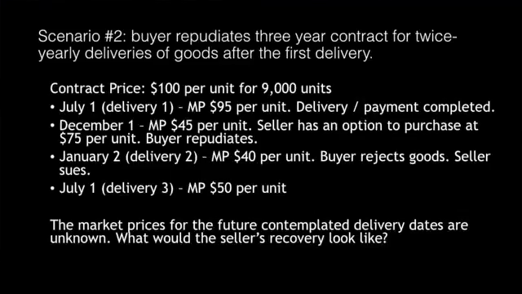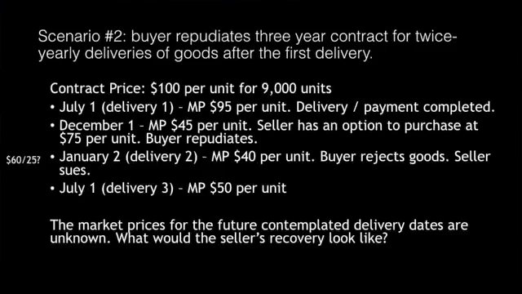The seller wanted to use 2-708(1) as the basis of recovery. The buyer believes this will overcompensate the seller. Can you see why? Well, consider the goods at the second delivery date. The contract price minus the market price, that is the measure of damages under subparagraph 1, would be $60 per unit. But because of the seller's option contract at $75 per unit, the profit would have been only $25 per unit.